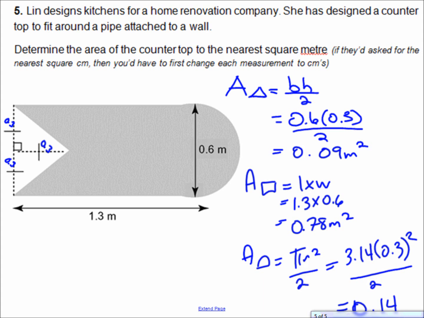Okay, so total area is area of the half circle plus area of the rectangle subtract area of the triangle. Does everyone agree with that?